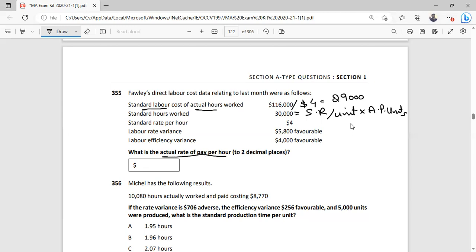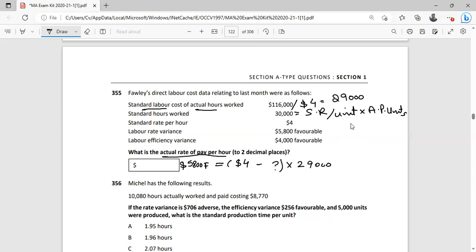Now the actual rate of pay per hour is part of the labor rate variance. On the left side we have 5,800 favorable, which is equal to standard rate per hour 4 minus actual rate per hour, the question mark, into actual hours paid, which is 29,000.